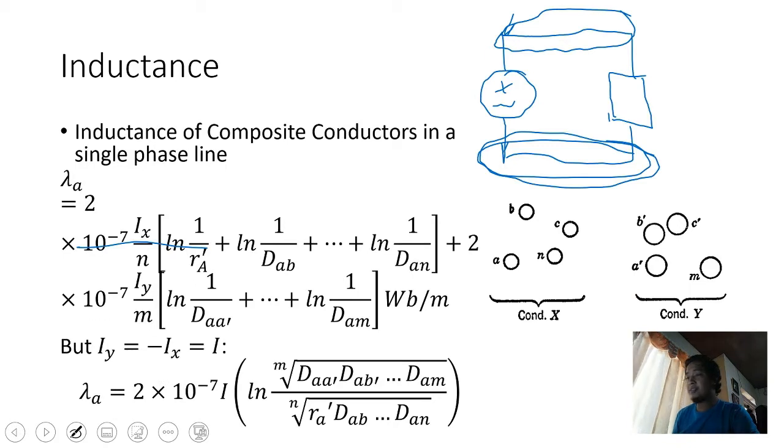is that you have these two wires. This wire has a current going this way. This wire has a current going this way.